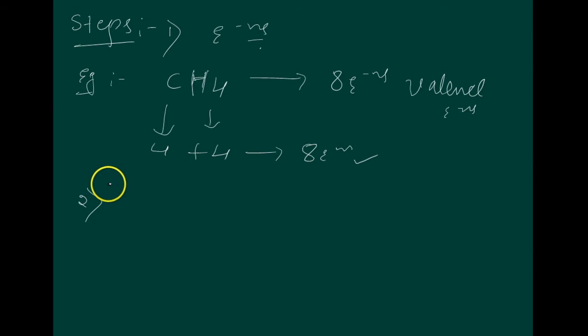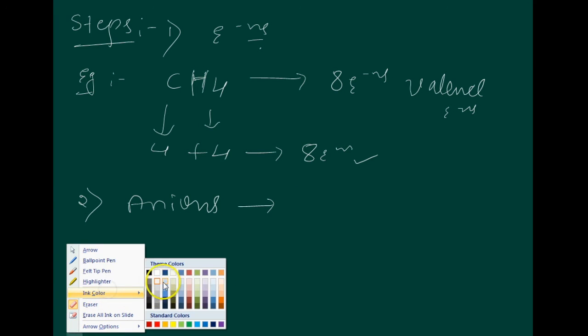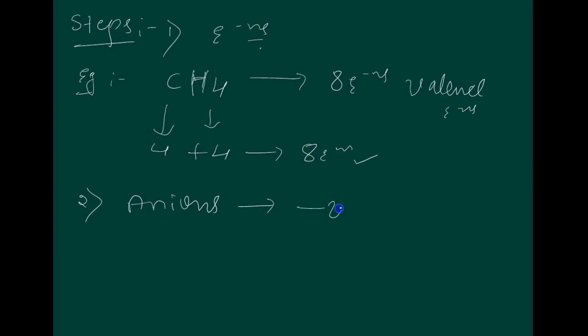Next, second step: for anions, each negative charge would mean addition of one electron.